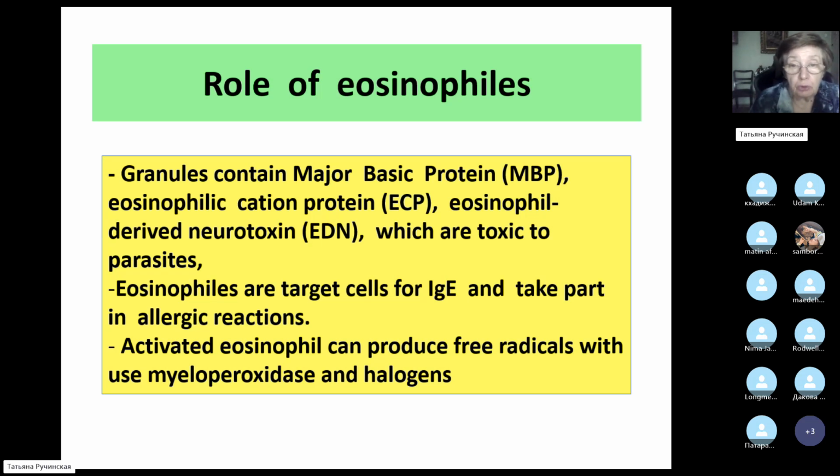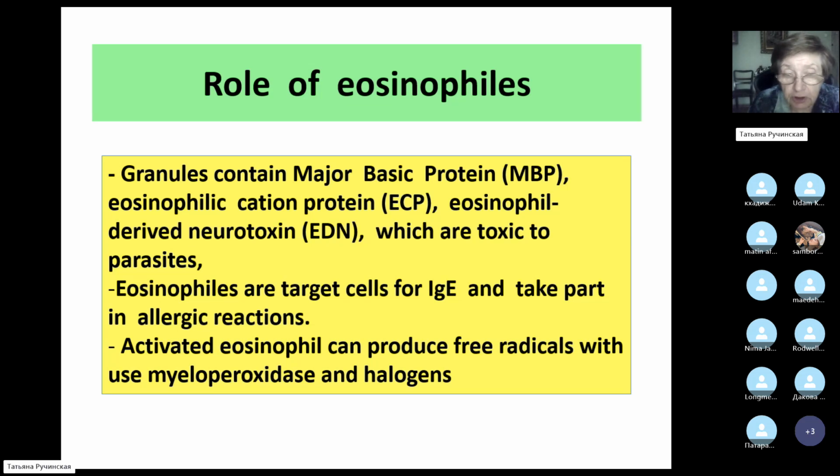So you know that eosinophils are granulated cells. They have myeloperoxidase in their granules.